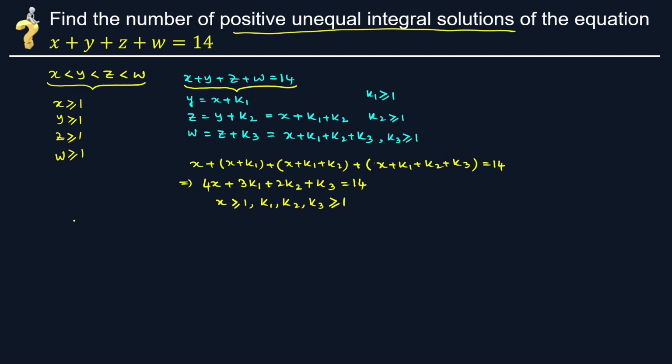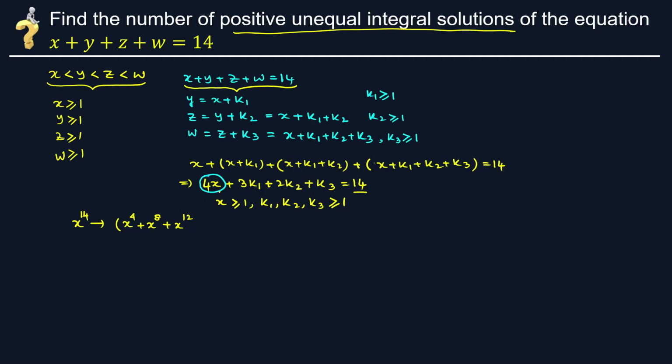So we have to find out the coefficient of x to the power 14 in the expansion of, first please see this 4x. So what I will write? I will start with x to the power 4 plus x to the power 8 plus x to the power 12 and so on. But I will stop here because the maximum amount I can receive is 14.